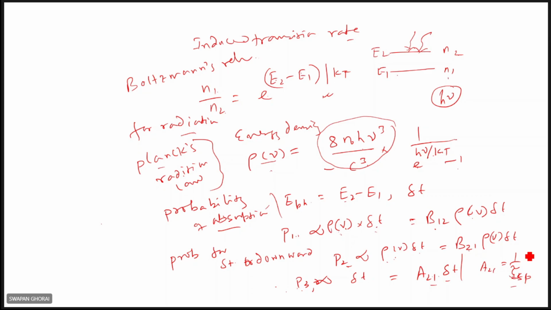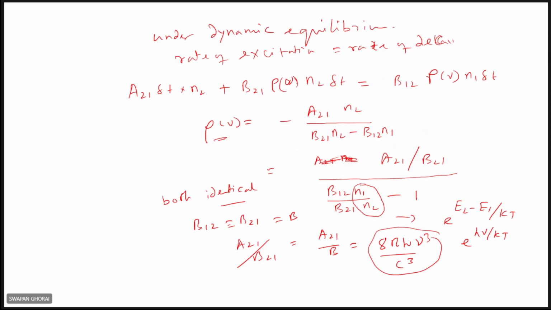If you use these three probabilities and consider the dynamic equilibrium condition, then the rate of excitations will be equal to the rate of de-excitations. The rate of excitation, 1 to 2, is B12 rho nu into N1 into delta t.